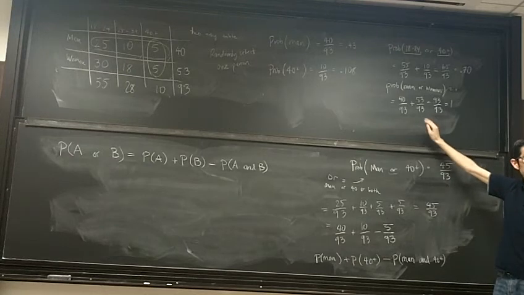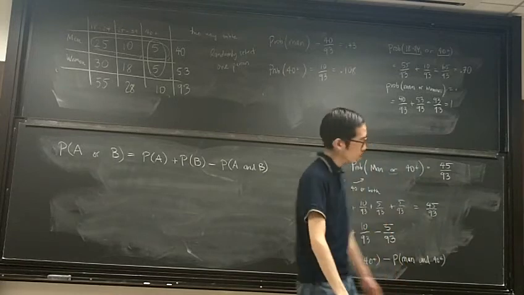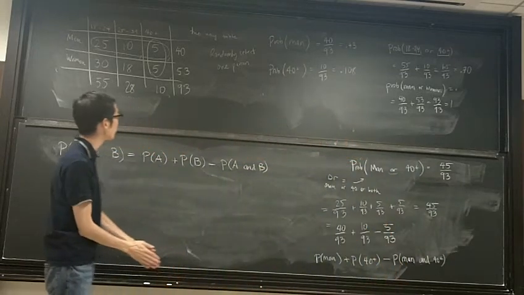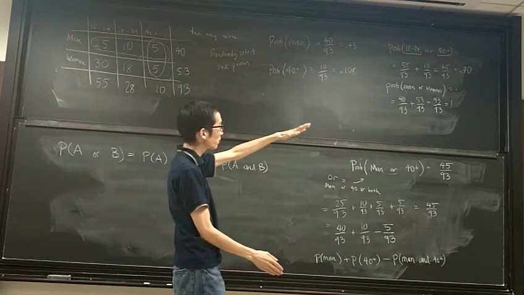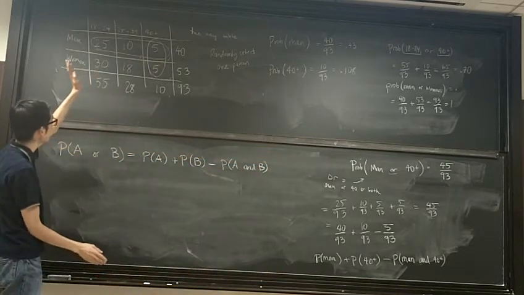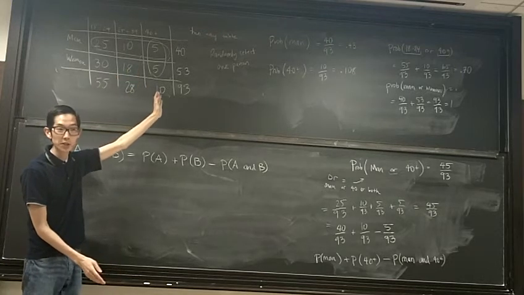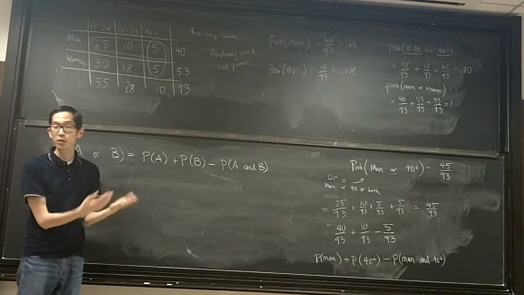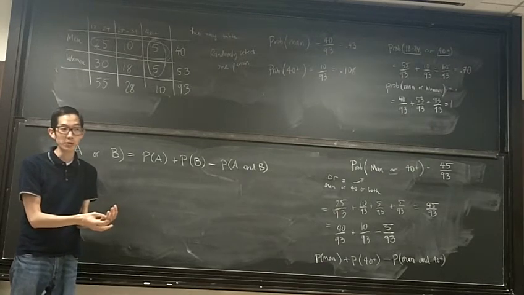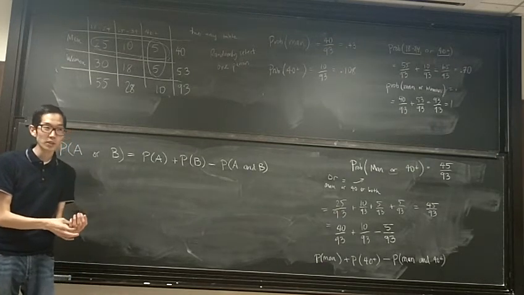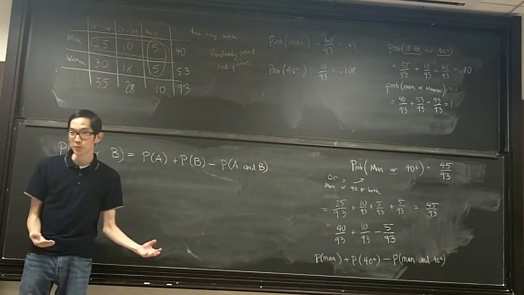No. Why not? Because there's no overlap between A and B. So if I said, what's the probability of being 18 to 24 or 40 plus, I took the column for 18 to 24, and I took the column for 40 plus, and I added those up, and I had no overlap to subtract, because it's impossible to be in the 18 to 24 group and at exactly the same time be in the 40 plus group.